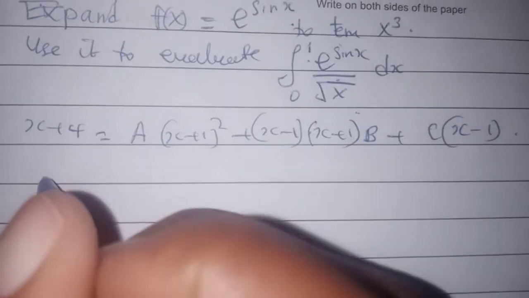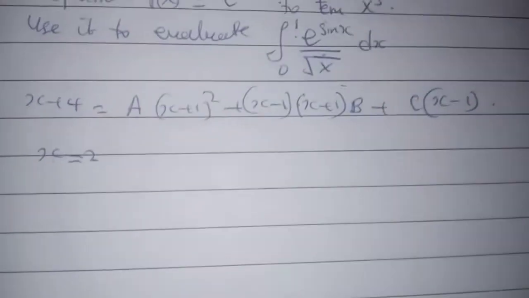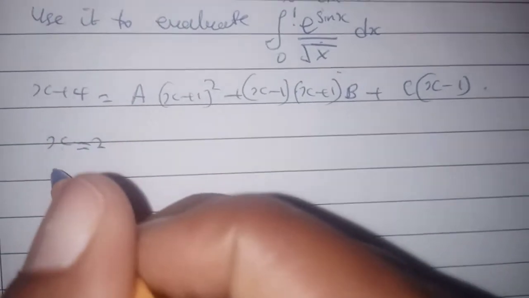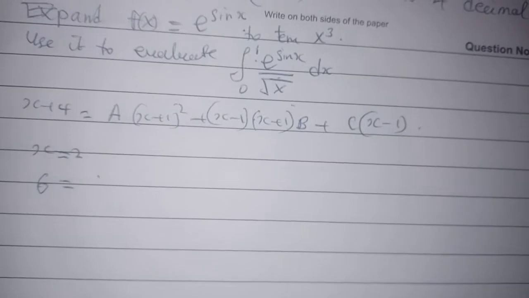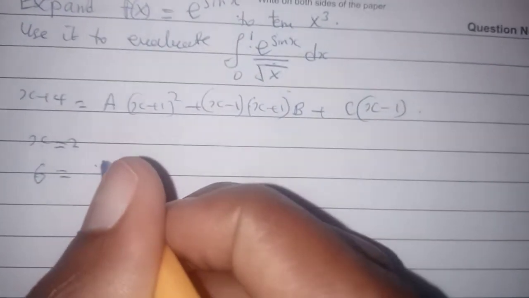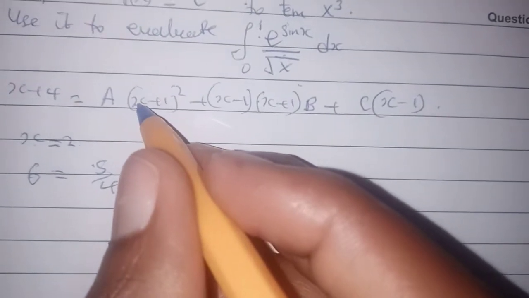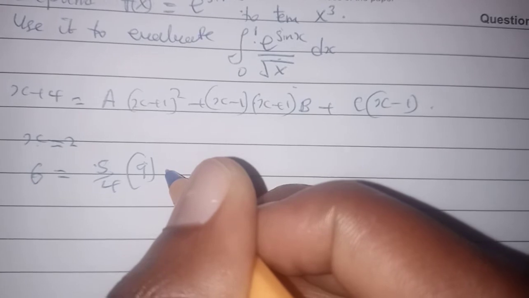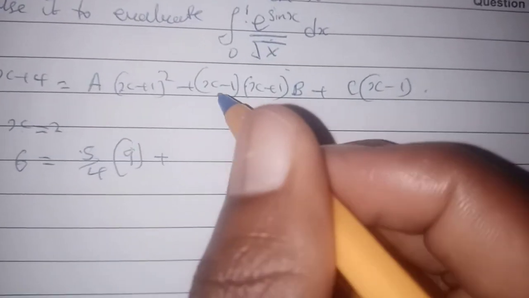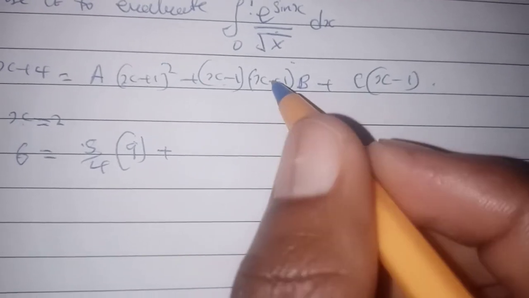Take a small value of x. So 2 plus 4 is 6, equals a times... We have our a being 5/4. So 2 plus 1 is 3, and 3 squared is 9. Then plus, our x is 2, 2 minus 1 is 1, 2 plus 1 is 3, 3 times 1 is 3.